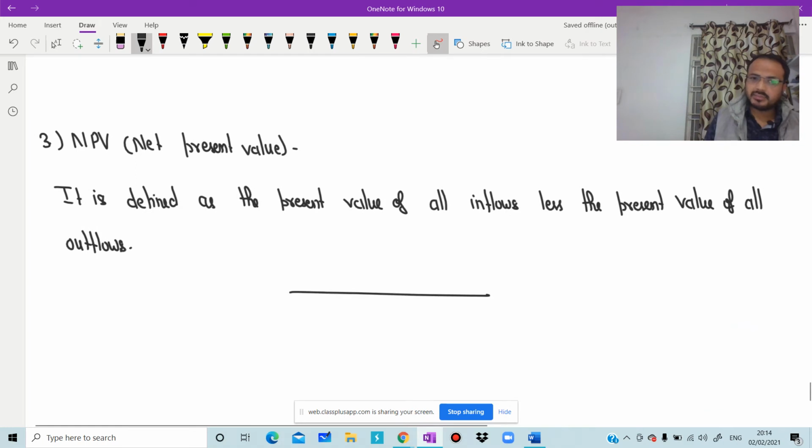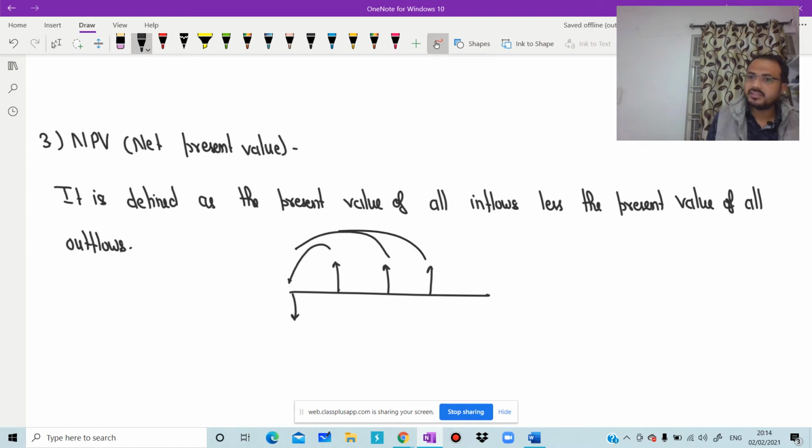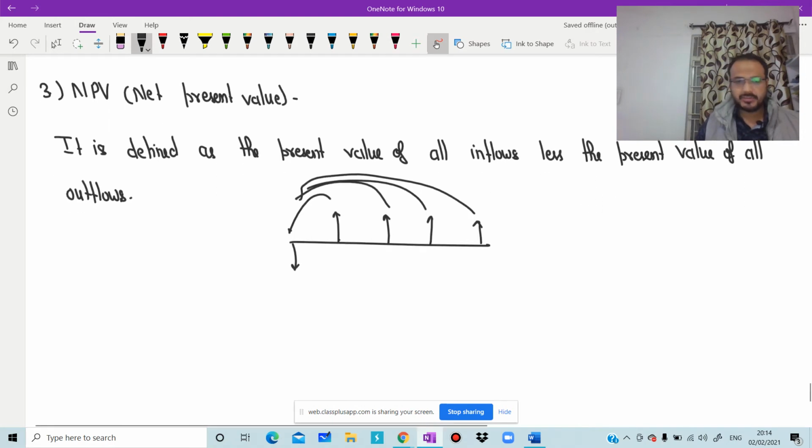Remember that diagram. Suppose you invested this one, and every year you are getting this one. Then this. We already discussed this concept.